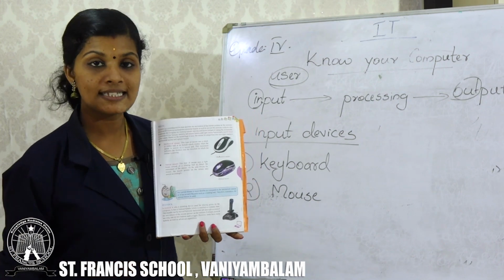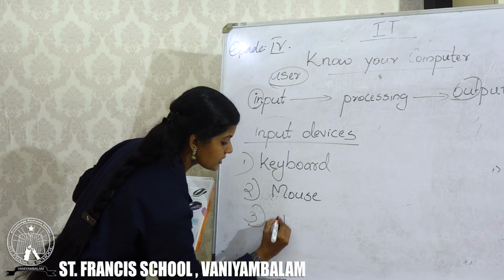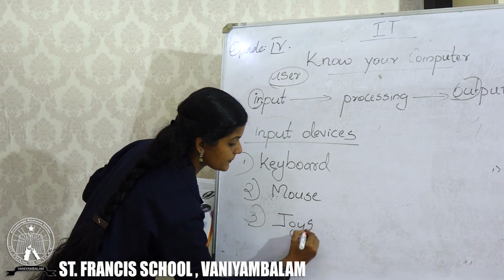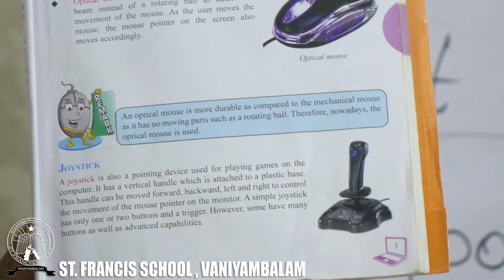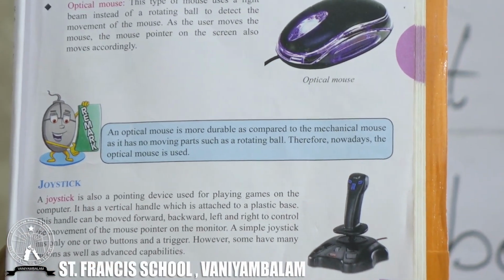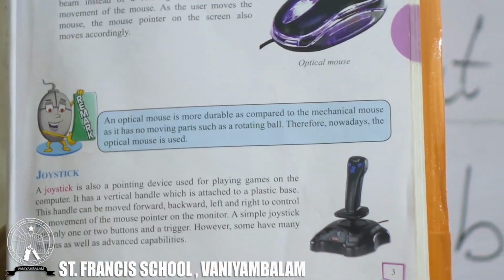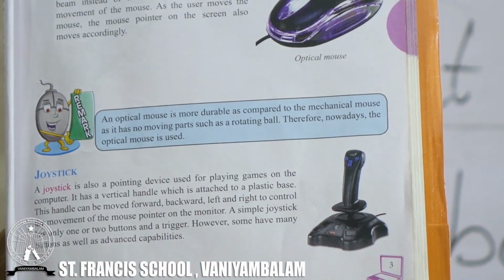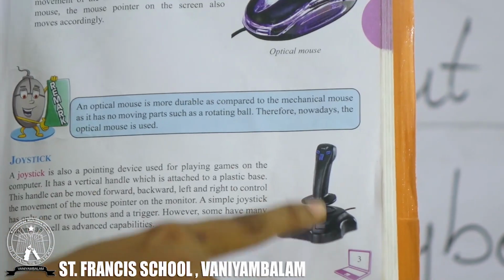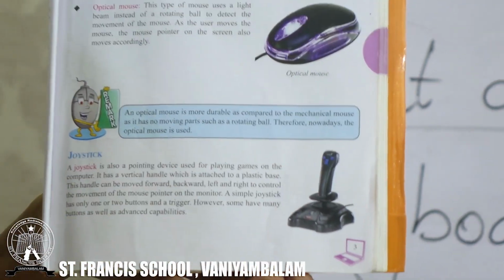Now we are going to discuss the third input device, that is joystick. In the same page you can see the picture of joystick. I know all of you have seen joystick because joystick is used for playing games on the computer.